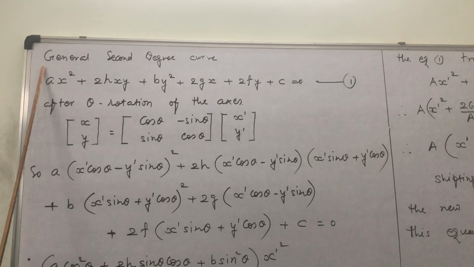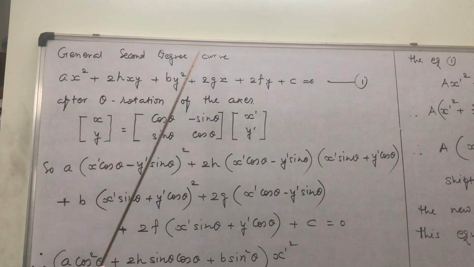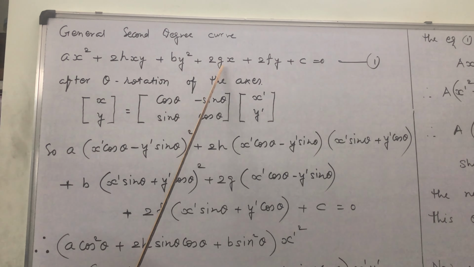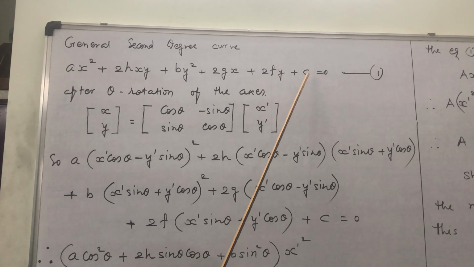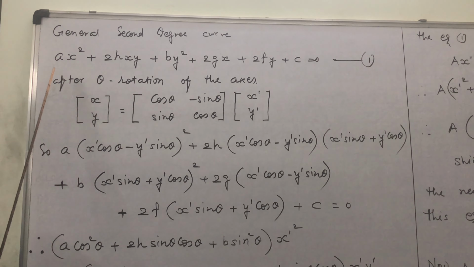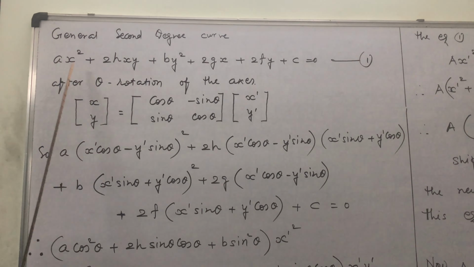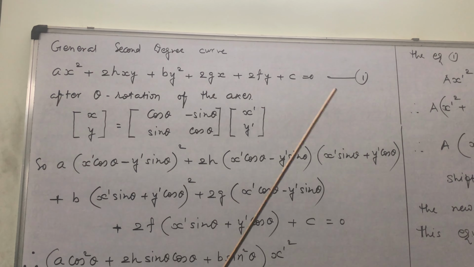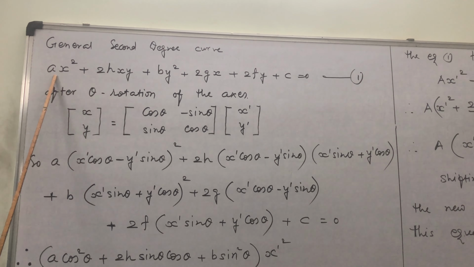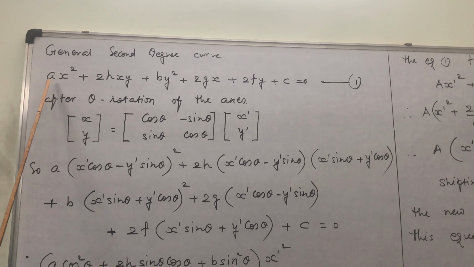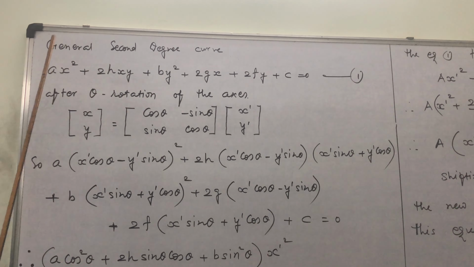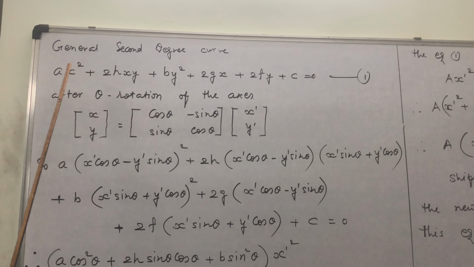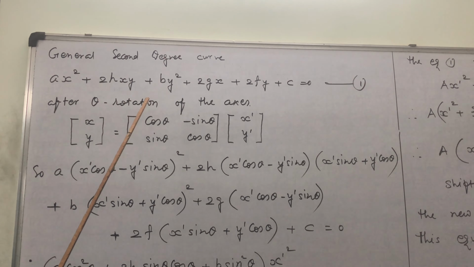Okay. Now another method: the general second degree curve, ax square plus 2hxy plus by square plus 2gx plus 2fy plus c equal to 0. Which figure does it represent? It depends on a, h, b, g, f, c, etc. Sometimes the solution set is a null set, sometimes a single line, sometimes a pair of lines, either parallel or intersecting.